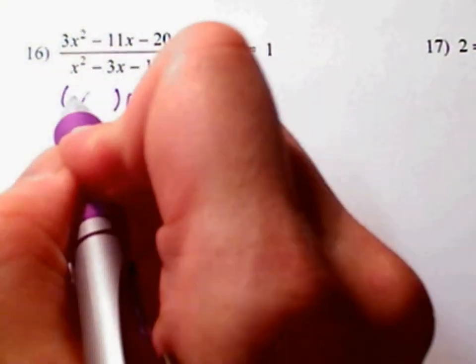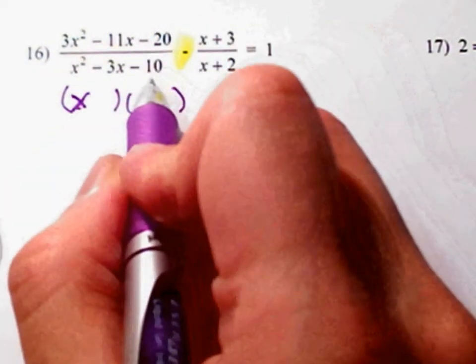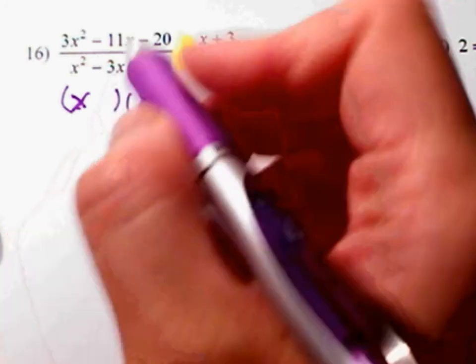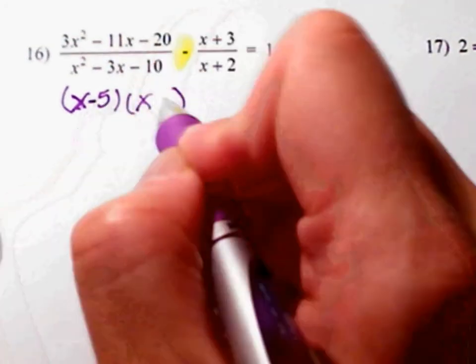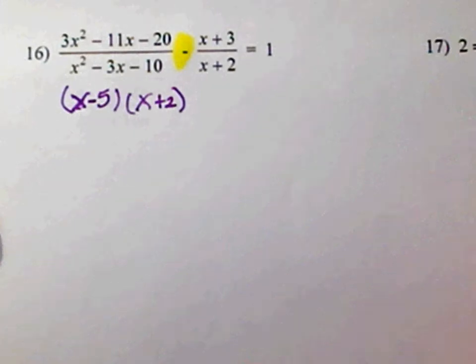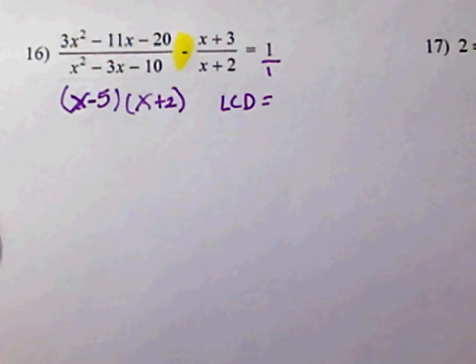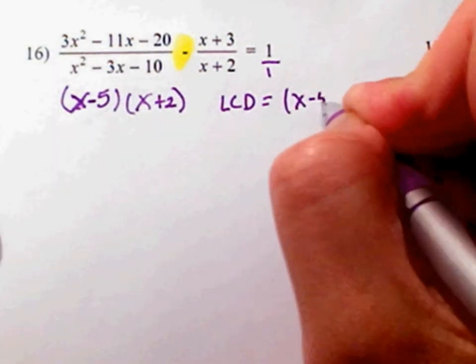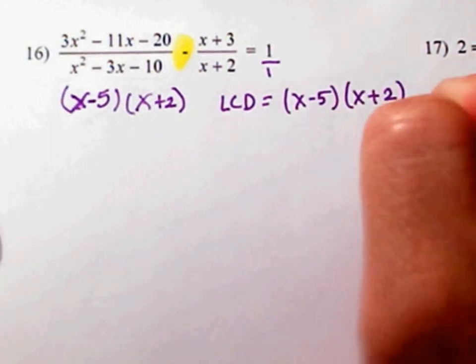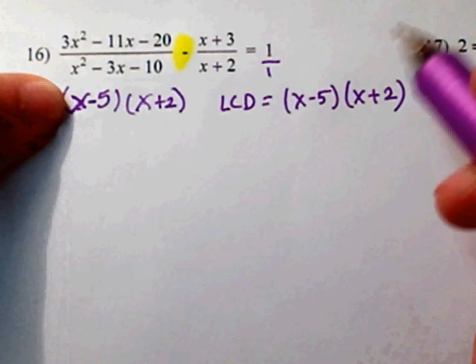Two numbers that multiply give you negative 10, subtract to give you 3. Negative 5, positive 2. Okay? Let's find our LCD. And this one's the same thing as 1 over 1. X minus 5, x plus 2. See that right there? X plus 2 accounted for, 1 accounted for.